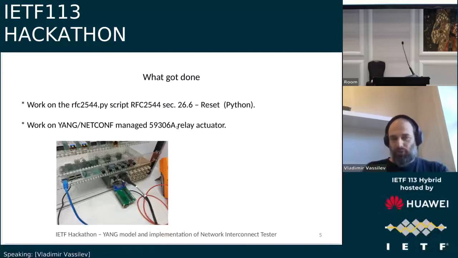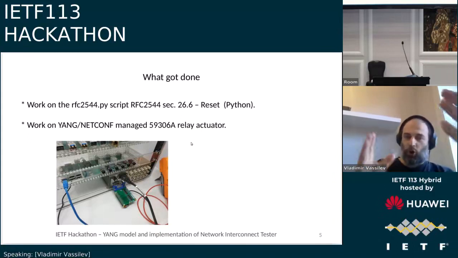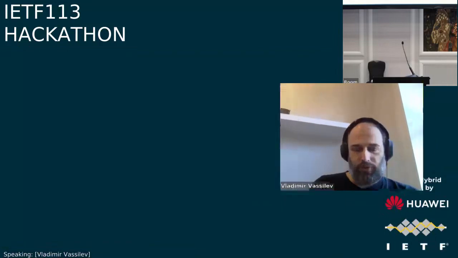We wanted to use only YANG and NETCONF to manage all the aspects of the automation of the test. This is the end result. We added the necessary code to the Python script, and we also added that as an additional device to be orchestrated with YANG and NETCONF.